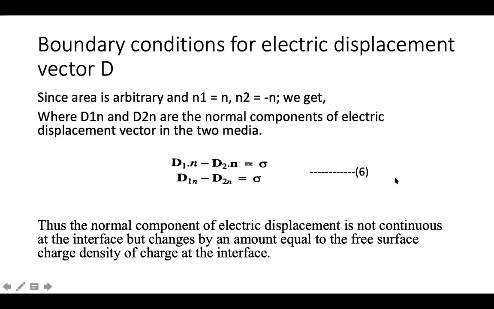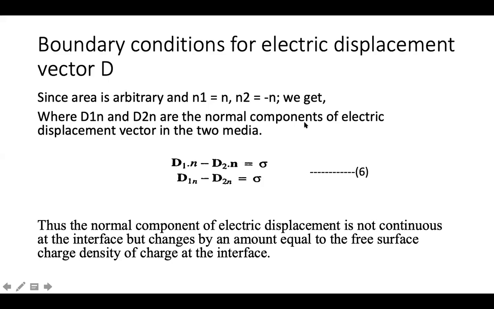Because the area is arbitrary, we did not define how many square units it should be, and then n1 is equal to n, and n2 is equal to minus n.